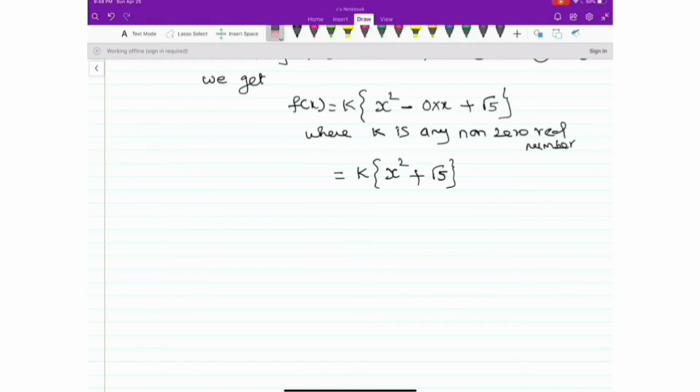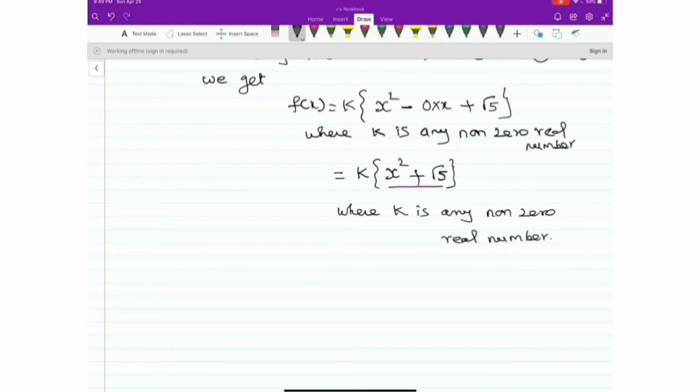So, where k is any non-zero real number. As I told you, the required quadratic polynomial is, or one quadratic polynomial which fits the given conditions is, just write x square plus root 5. Okay.